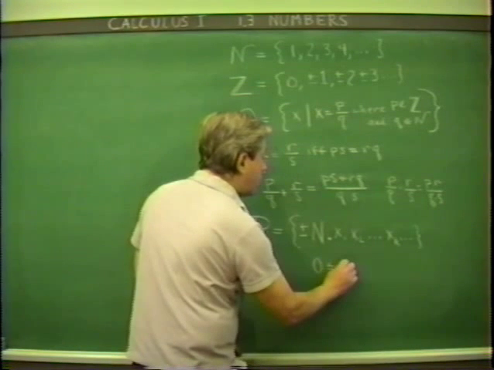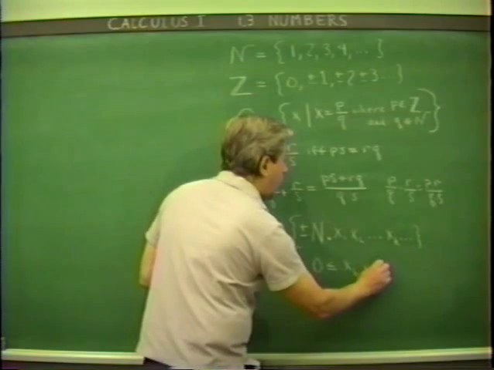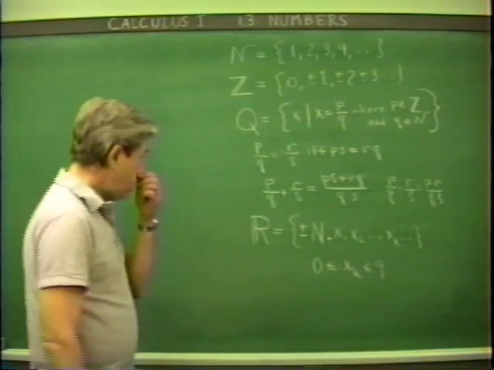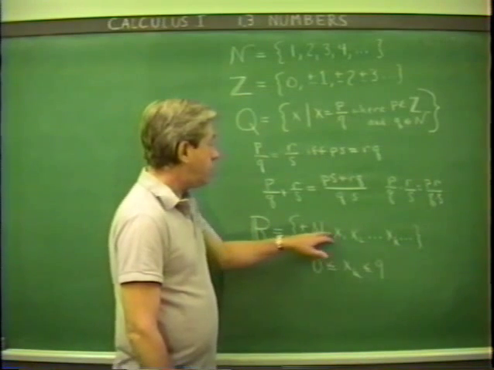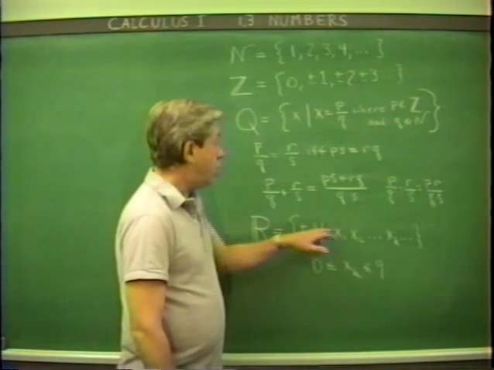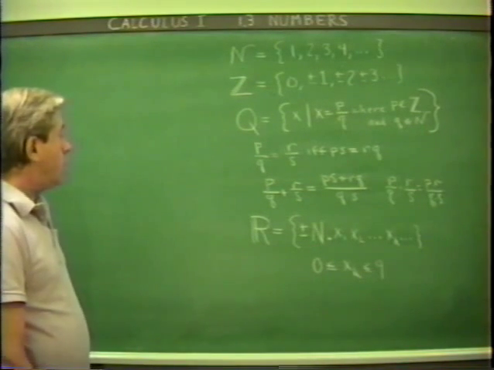Here 0 is less than or equal to each xk, which is less than or equal to 9. All numbers that can be written with a plus or minus sign, a natural number or 0, and 0s and 9s.